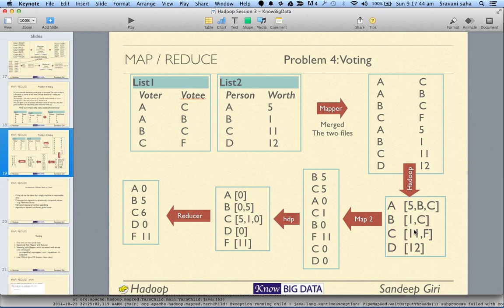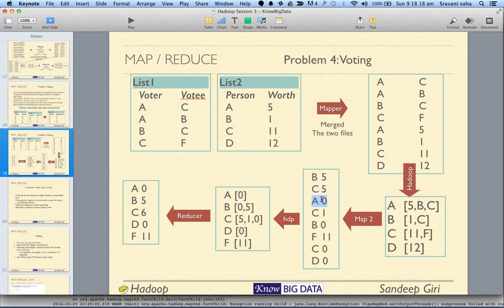Now if you see here, this table says A voted for B and C, and A's worth is 5, right? And after this, it says these are my worths. So the worth of B, because of the first line, is 5. Worth of C, because of the first line voted by A, is 5. And because A voted for these people, A's value is 0.